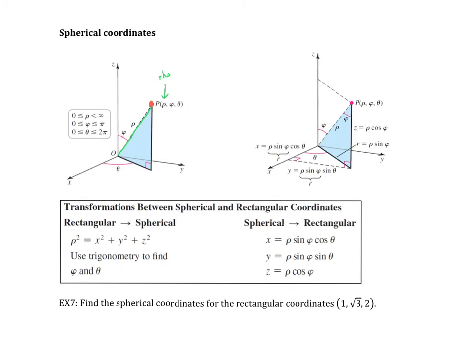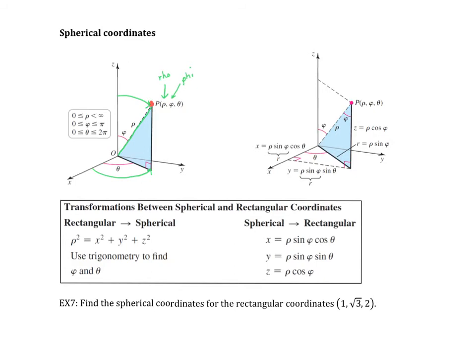But we also get to this point by looking at a theta value, the usual theta value in the xy plane. And then we're going to look at phi. Phi is the angle measure from the positive z-axis to the point, and it's always from the positive z-axis.